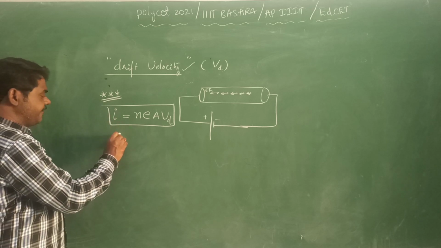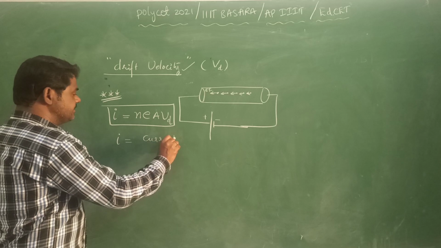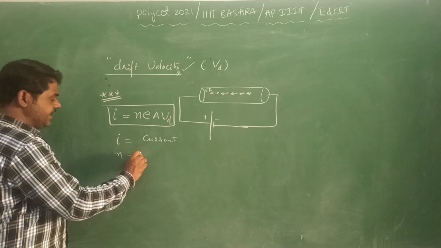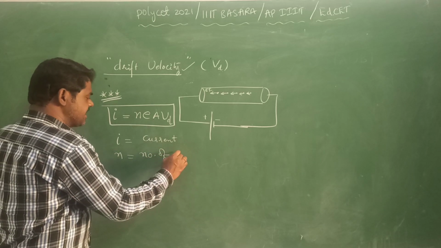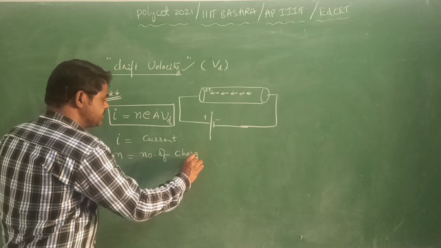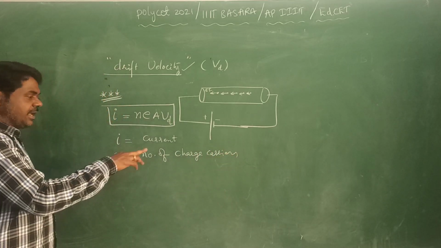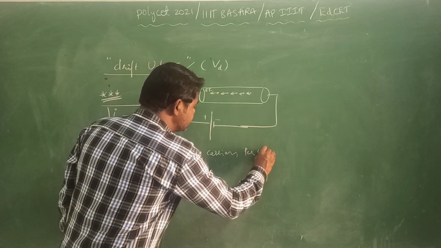What is I here? This is electric current, simply current. This is important. What is N? N is the number of electrons, or you can say charge carriers. Charge carriers means electrons only. So N is the number of charge carriers per unit volume. This is important.